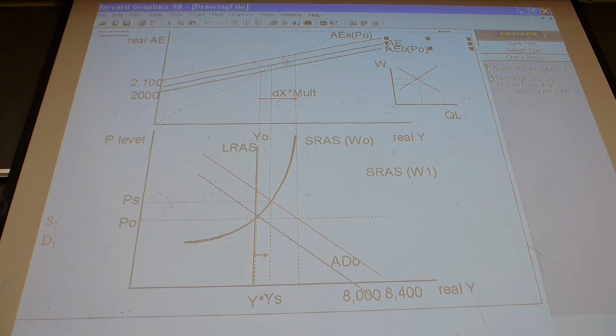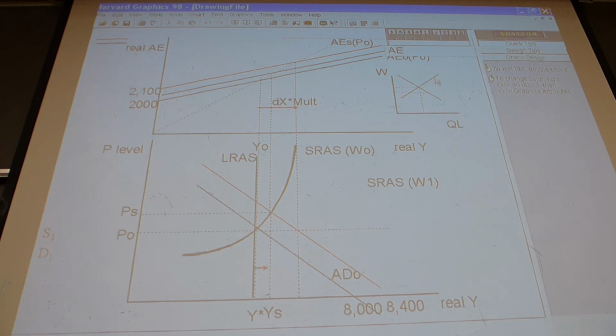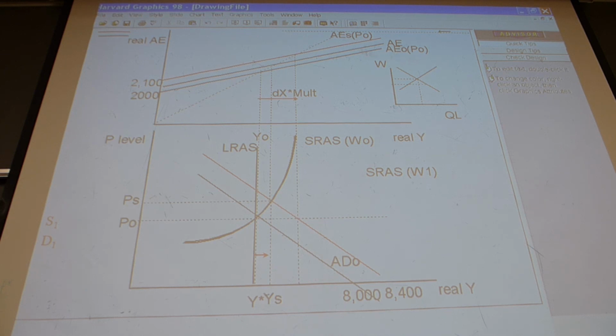Why does AE fall back by whatever transpires here? Tell me. Look at the way I've designated these, carefully. AE at P0, AE at P0. What has changed here in the middle that might affect this?